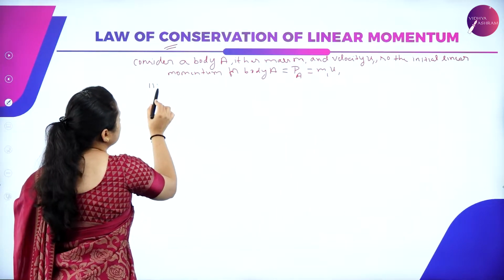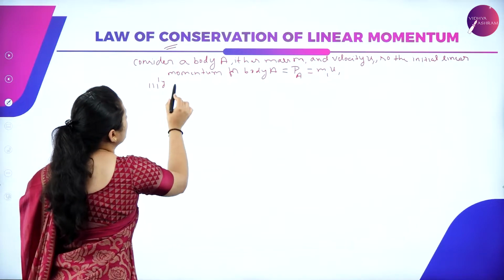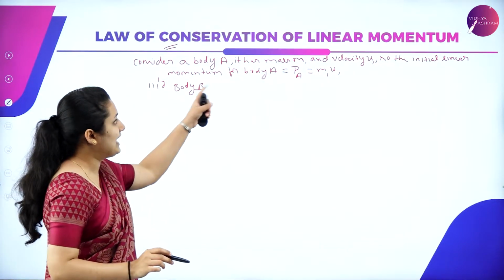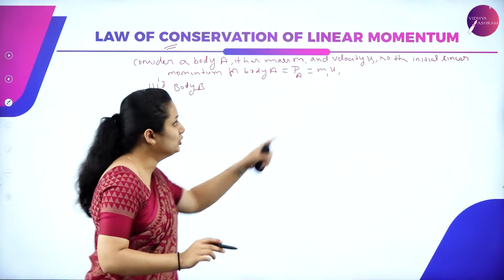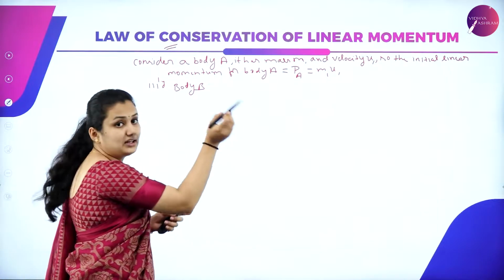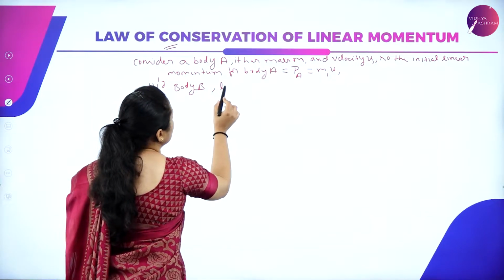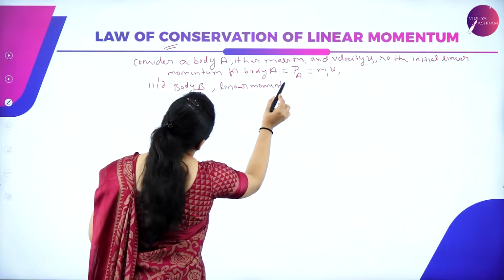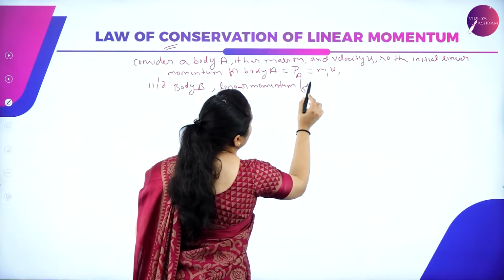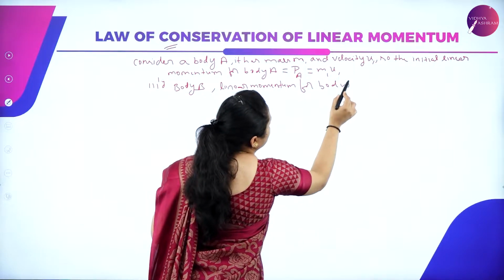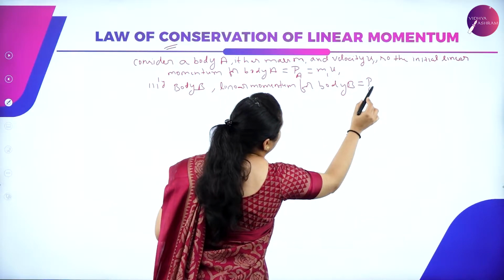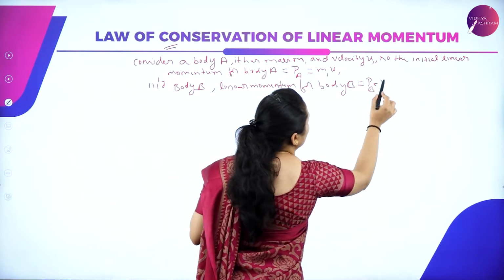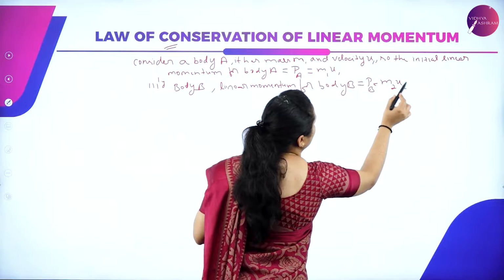Similarly, consider body B. It has mass m2 and velocity u2. So the initial linear momentum for body B, represented by PB, is equal to m2 u2.